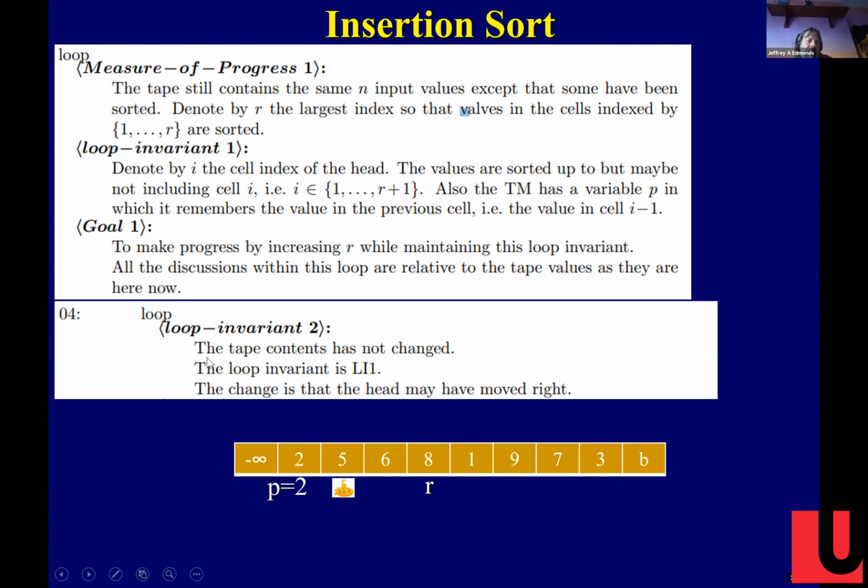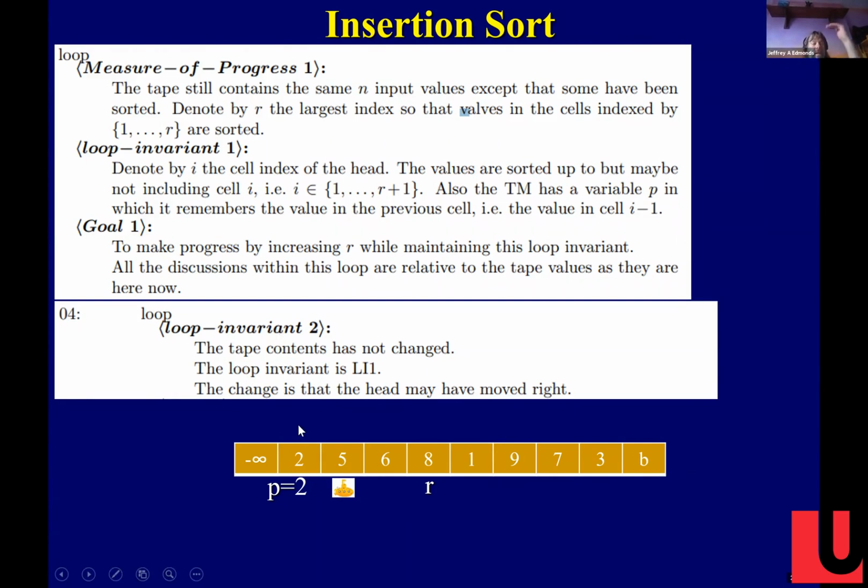Our loop invariant just says we have the same loop invariant as we had before. Whatever values we have at the top of this loop, those are the values we're thinking about. The values haven't really changed, but what's changed is we might have moved our head forward. So nothing's changed, everything's good.